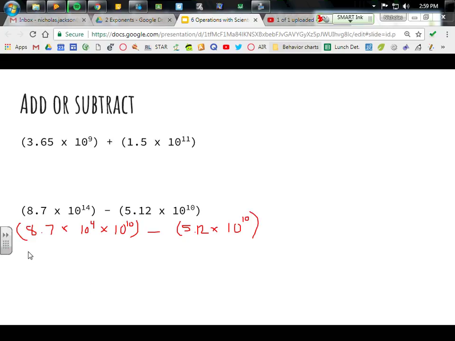All right, simplify 10 to the 4th, so this would be 8.7 times 10,000 times 10 to the 10th minus 5.12 times 10 to the 10th.